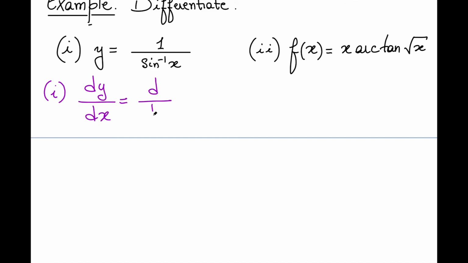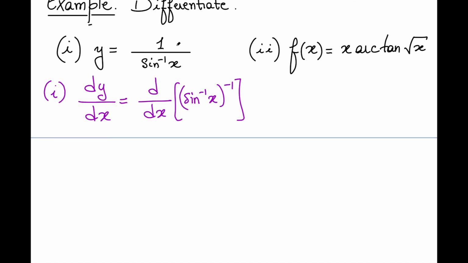Differentiating this function means differentiating the arc sine function at x to the power negative 1. This negative 1 has nothing to do with this negative 1. This is just a notation for the inverse sine function.